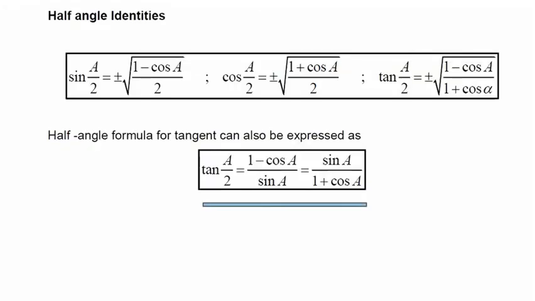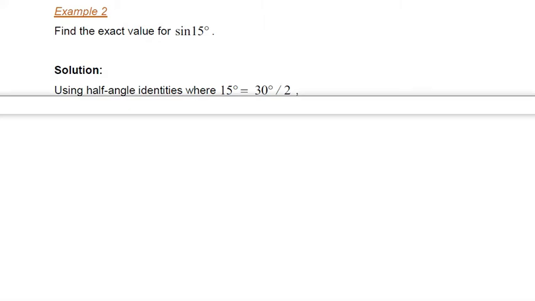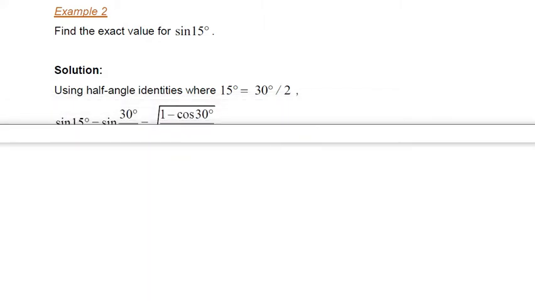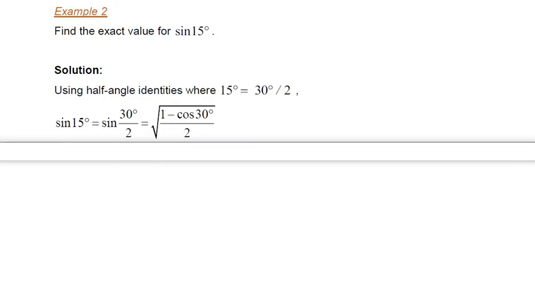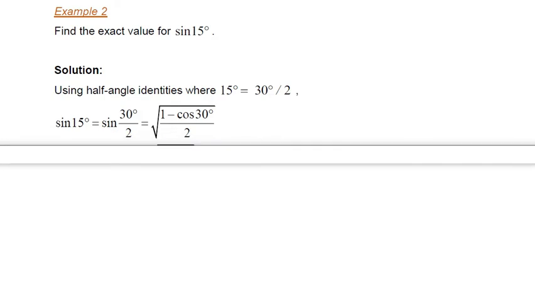By looking at the half angle identity for sine, we have sine A over 2 is equal to plus minus square root of 1 minus cos A over 2. So we can substitute in the formula, where A is equal to 30, so this is 15, that is 30 over 2.